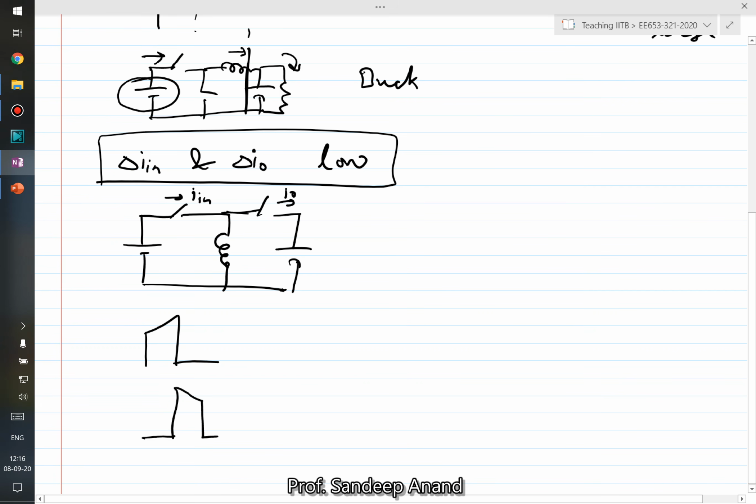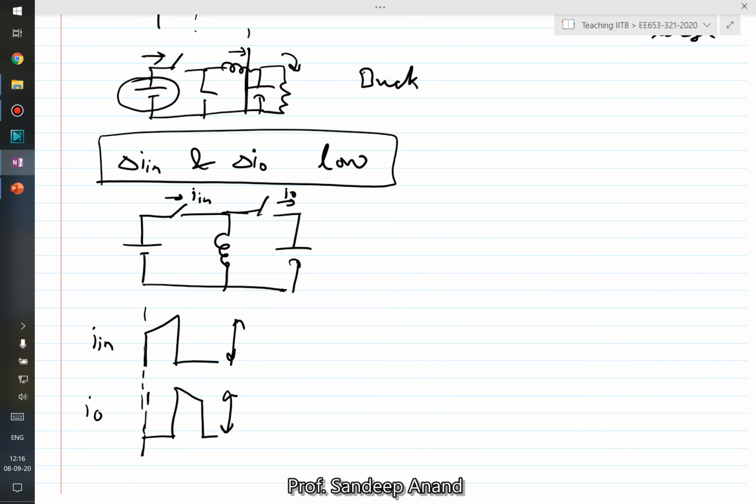If you continue to reduce L, still the ripple may more or less remain the same after a certain value of L. Right? So therefore in buck boost it is even worse. You can keep a very large value of L, but still your input and output current ripples may be more, which would end up either affecting the performance of the battery if it is connected, or using a large value of output capacitance, or both of them, right?